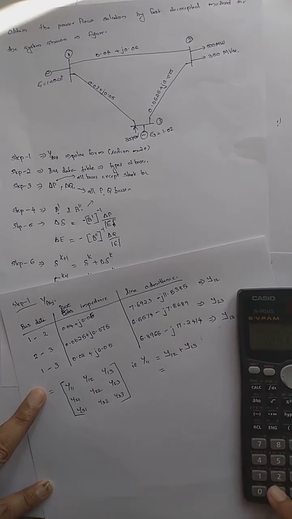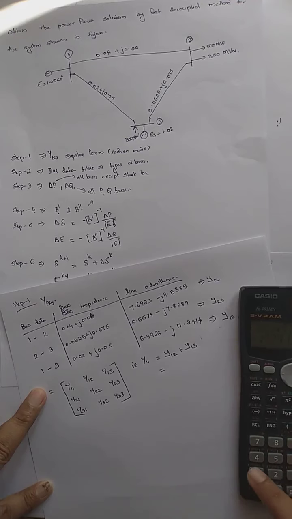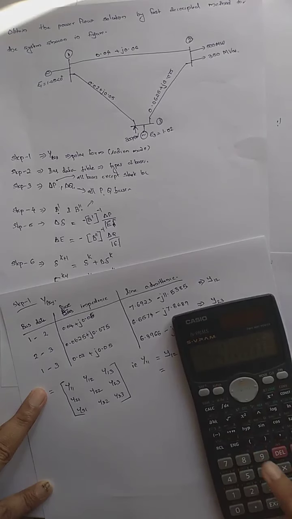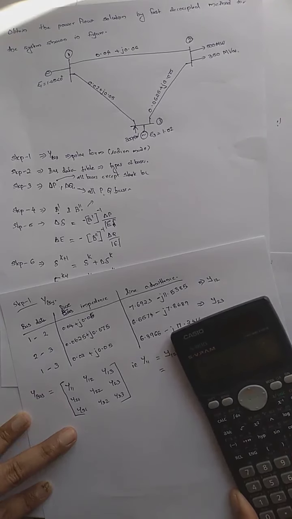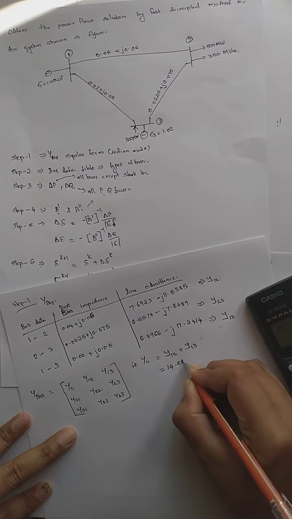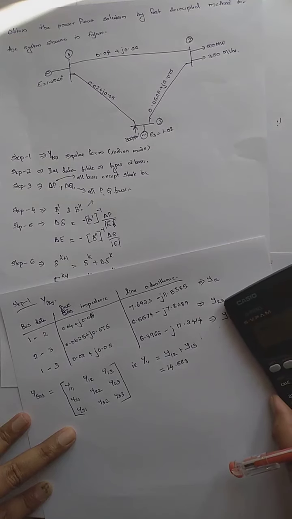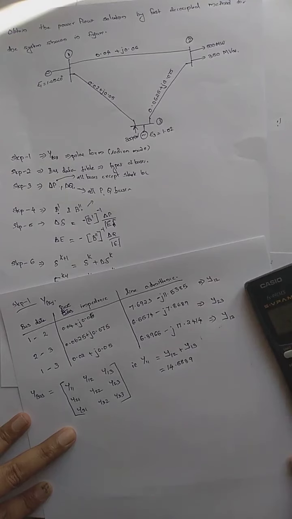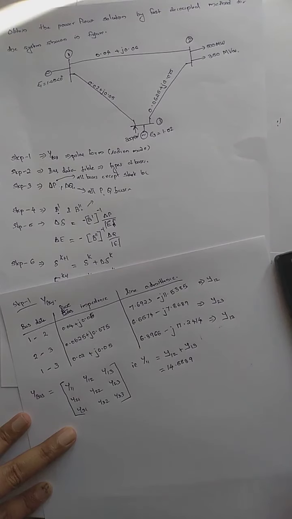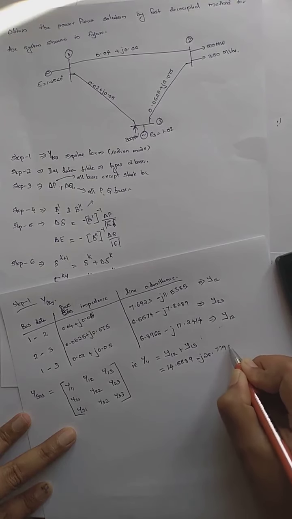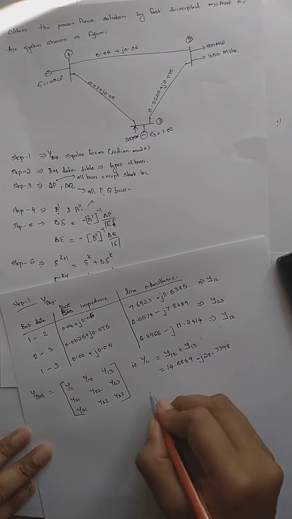That gives 14.5889 minus j 28.7798. This is the Y11 value.